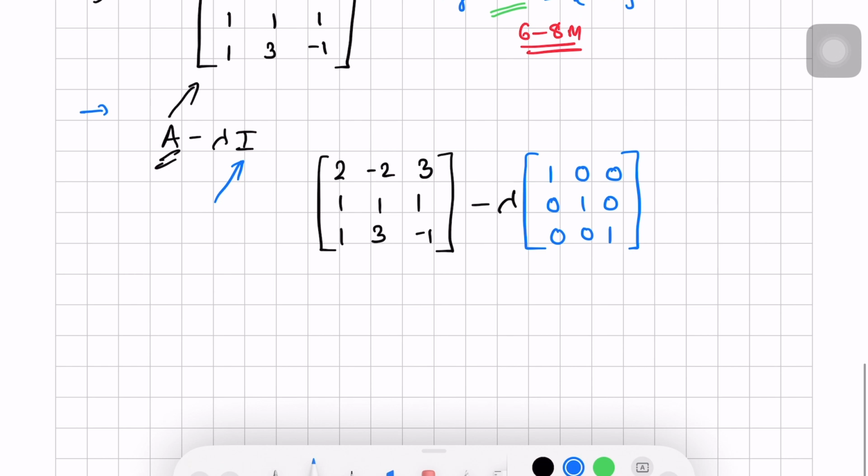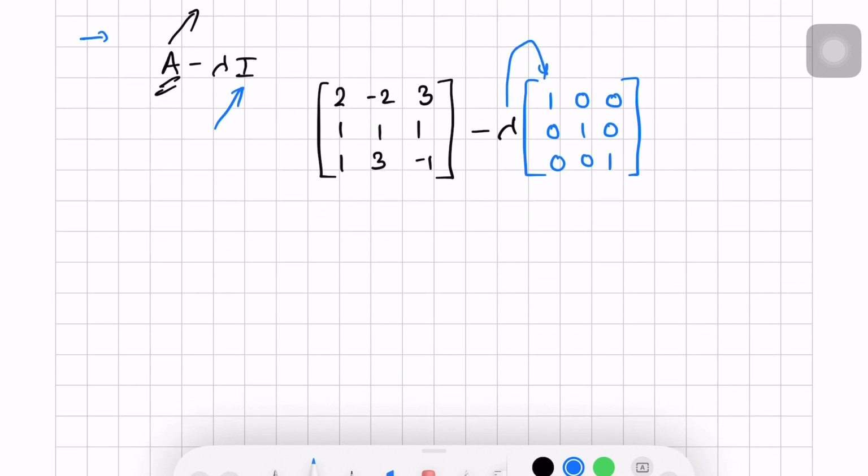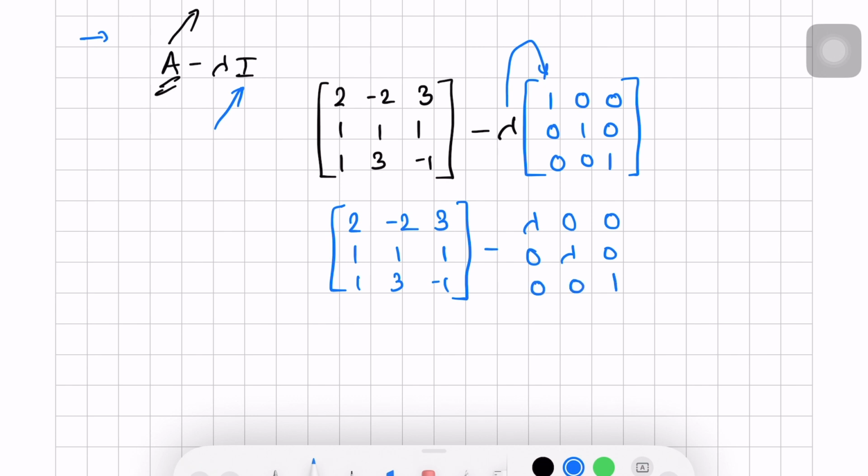Now if we take this lambda inside, we will get 2 minus 2 3. This matrix will remain as it is, so we'll write it down again, and now lambda will go inside, so that will become lambda 0 0, 0 lambda 0, 0 0 lambda.